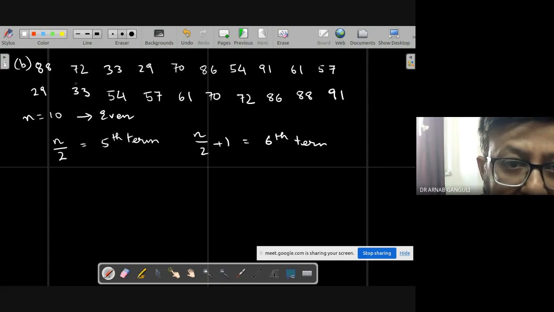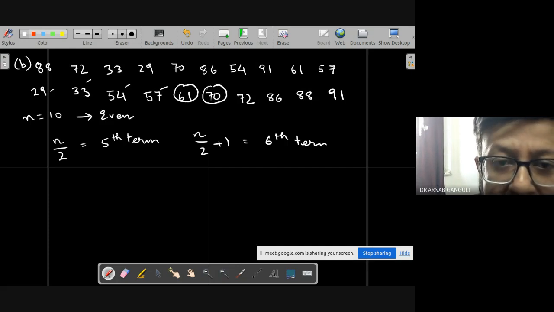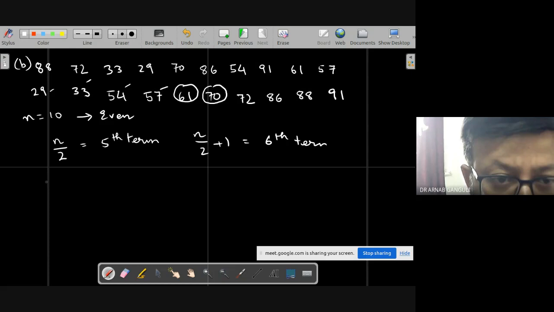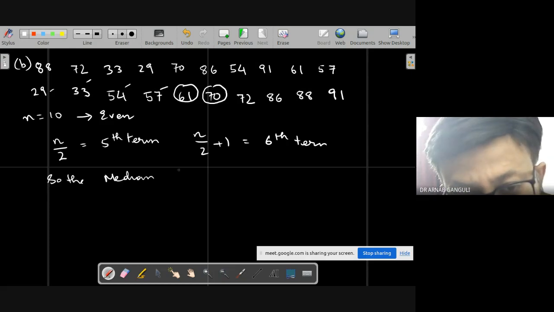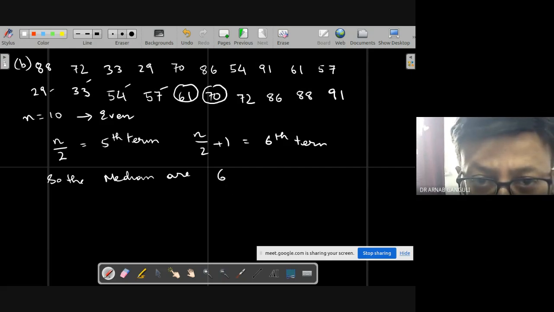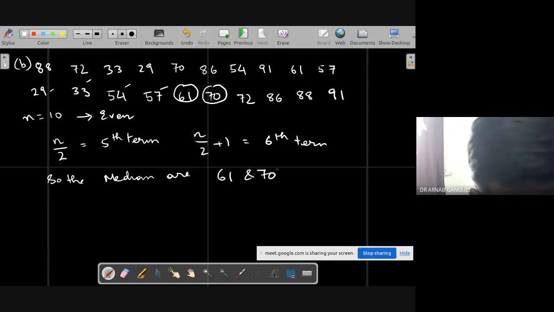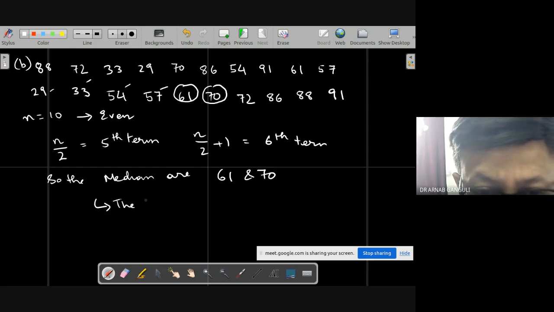So the two medians are the fifth and sixth terms: 61 and 70. What you have to find among them is the average.